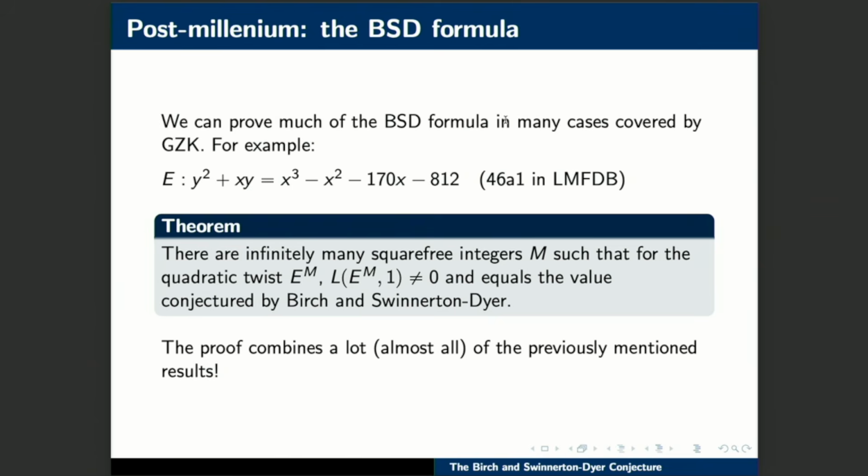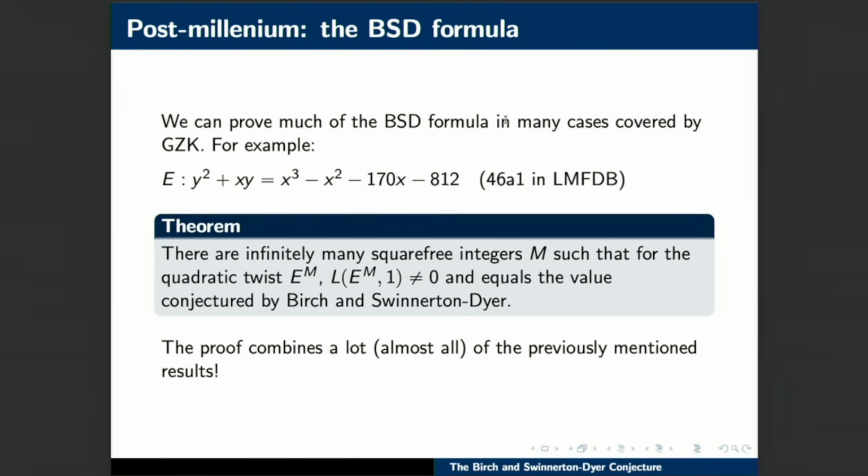We can actually prove much of the BSD formula in the cases covered by the theorems I've talked about. So here's just an example. I look at a particular curve, 46A1, in the labeling of the L-functions and modular forms database. Then one can show that there are infinitely many square-free integers m such that the quadratic twist, given by the minimal Weierstrass equation where you change the coefficients a little bit depending on m, has an L function that doesn't vanish at the central point, and in fact equals the value conjectured by Birch and Swinnerton-Dyer.